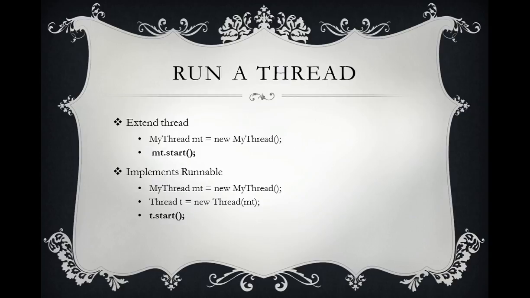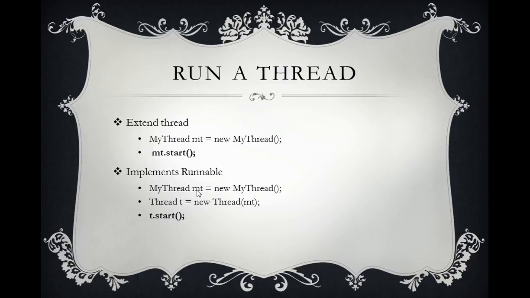It's pretty straightforward. As I said before, if you're extending the Thread class, you would simply create the object that you've created and call mt.start. That's how you run a thread. Now, if you're implementing the Runnable interface, you would do it the same way and just call t.start.